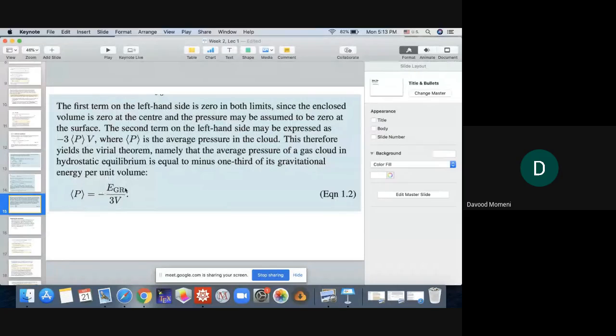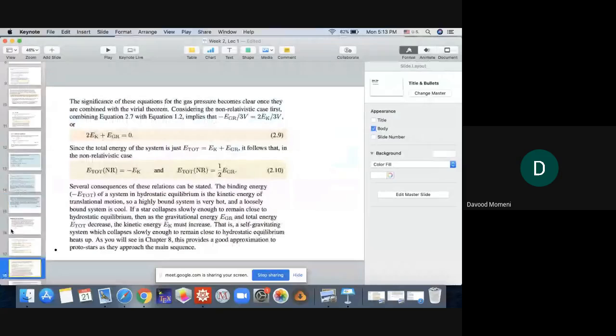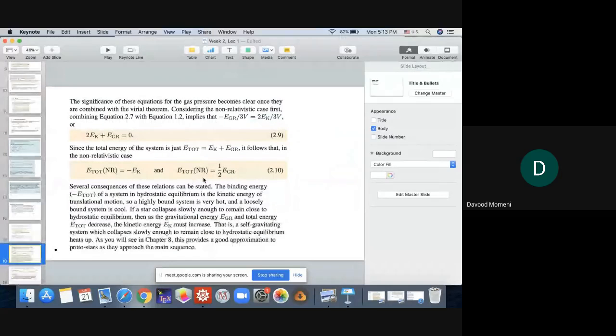Gravitational energy is related to kinetic energy. Total energy is kinetic energy plus potential, and potential means gravitational energy. By combining these two equations, you can find that the total energy in the non-relativistic case, I mean when the particles are not very fast, is half of the gravitational energy.